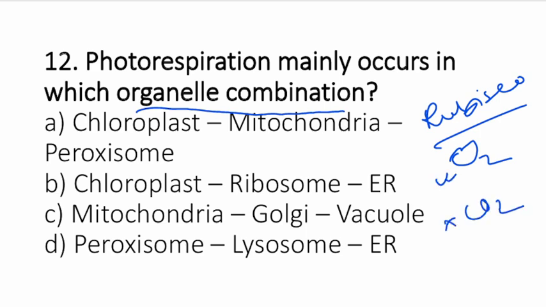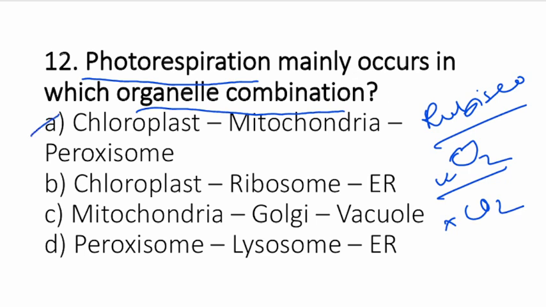That leads to a problematic situation that has to be recovered, and this pathway is known as photorespiration, because in this pathway one CO2 is released. This photorespiratory pathway involves three different organelles. So first of all, let's see the options.